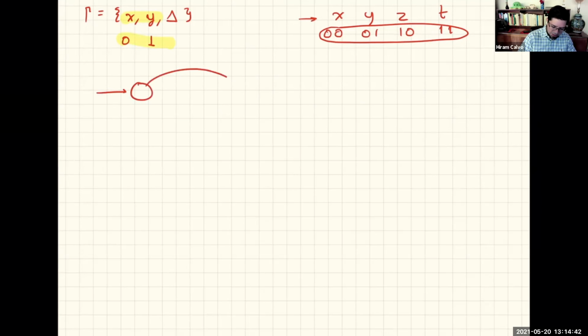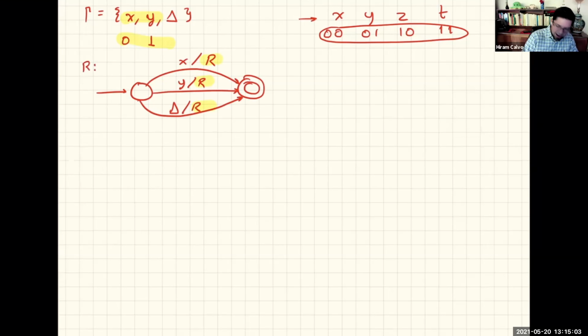For this purpose, it doesn't matter if you have an X, a Y, or a blank. It will always move to the right. And of course, you can draw the equivalent machine that would be called L. It doesn't matter what comes, it will just move to the left and then halt. This machine is called R.